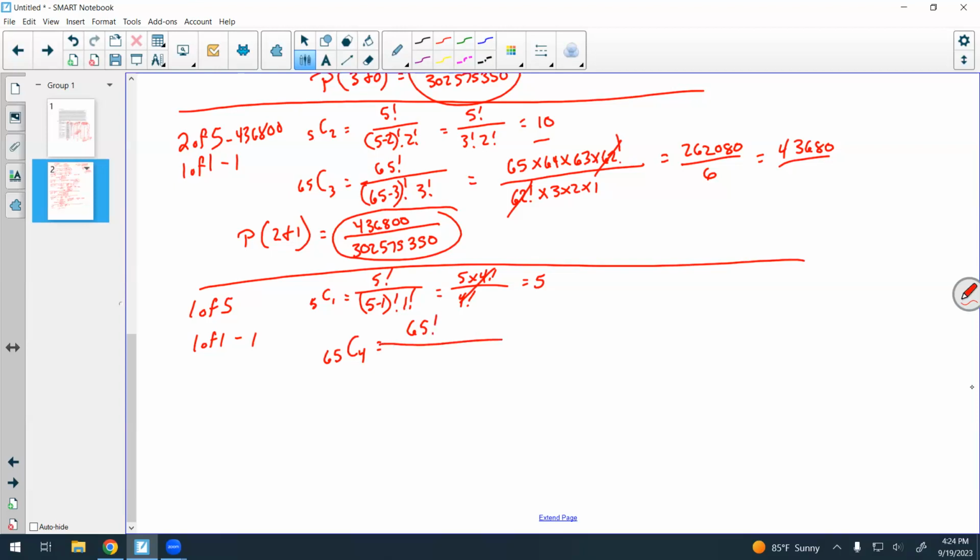65 factorial over 65 minus 4 factorial, 4 factorial. 65 times 64 times 63 times 62 times 61 factorial over 61 factorial times 4 times 3 times 2 times 1. I know that's 24.